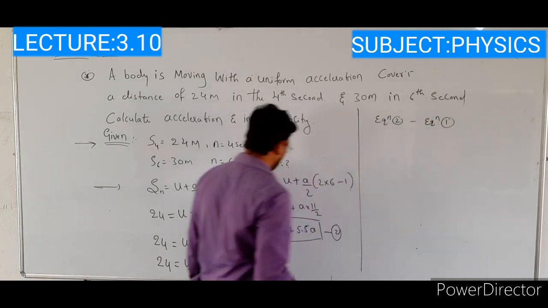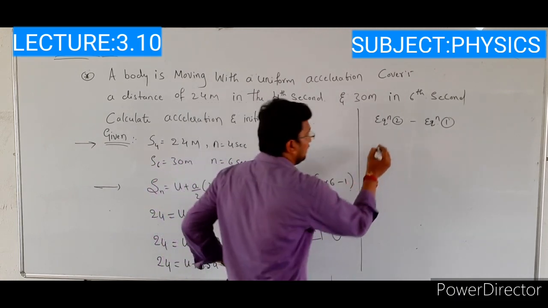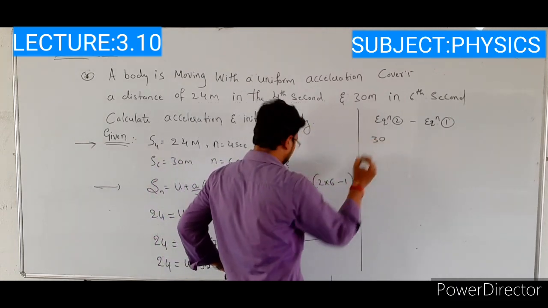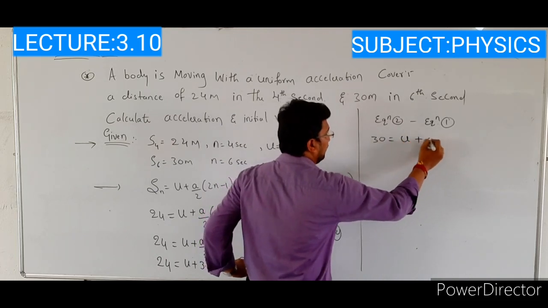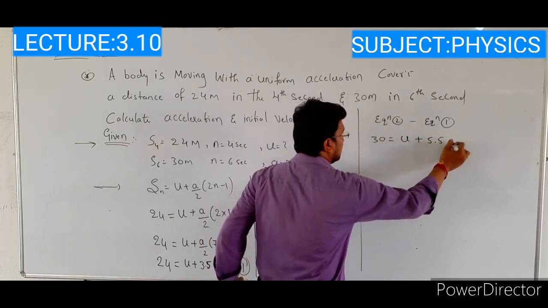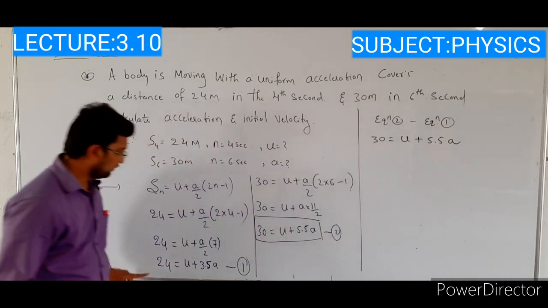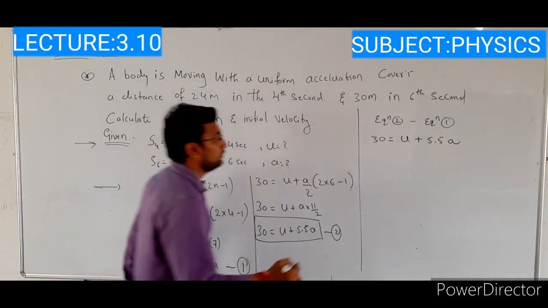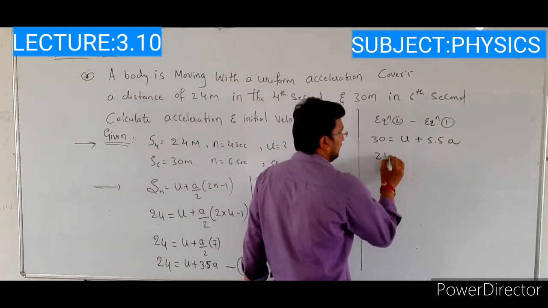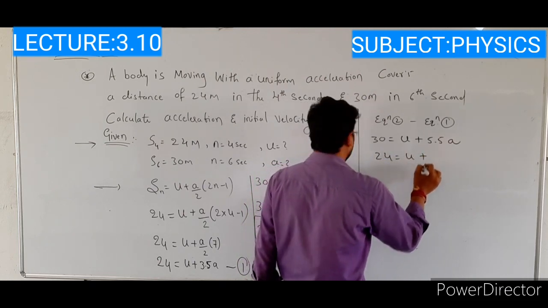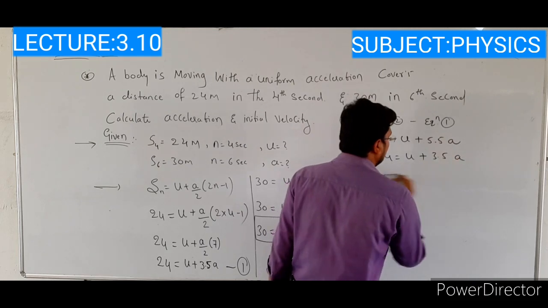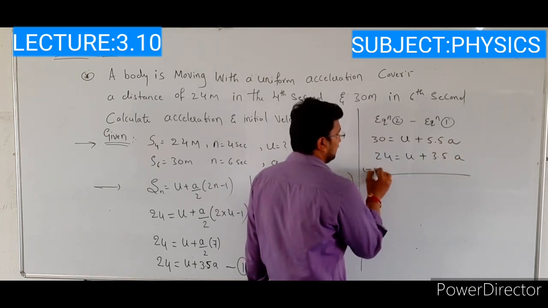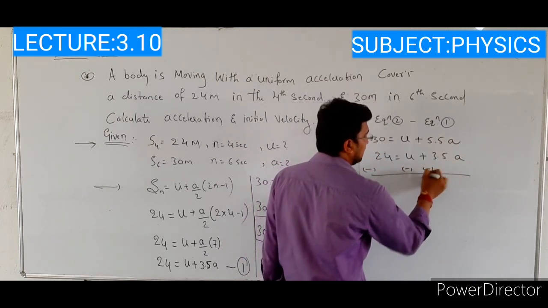So what is equation 2 here? 30 is equal to u plus 5.5 into acceleration a. Next, the first equation, 24 is equal to u plus 3.5 into acceleration, right? So subtraction here, this is minus and this also minus.